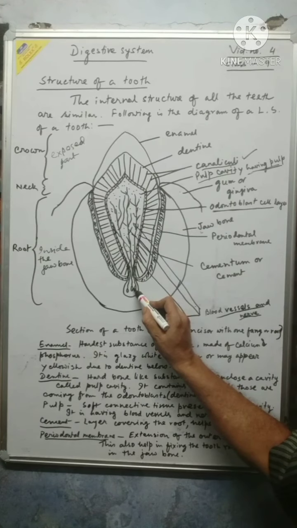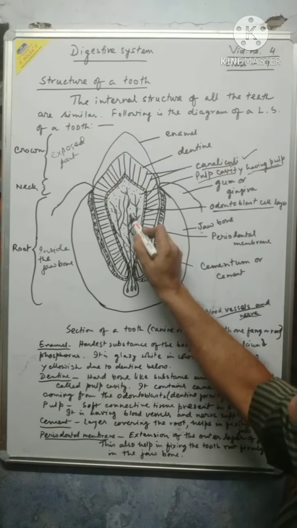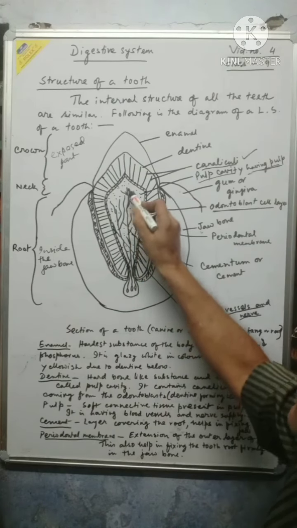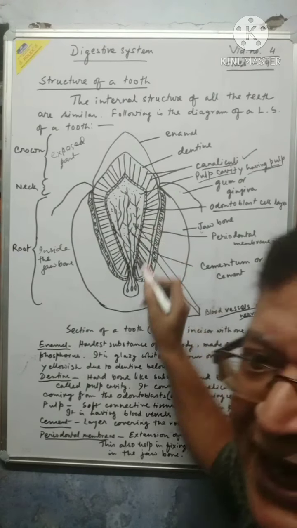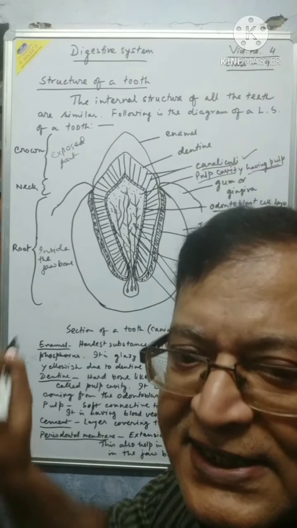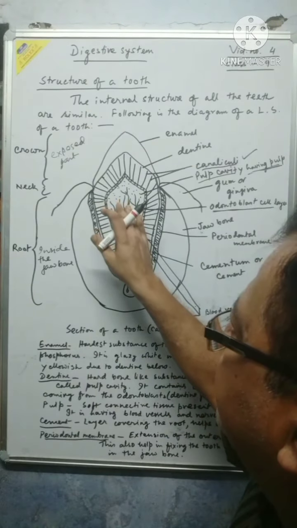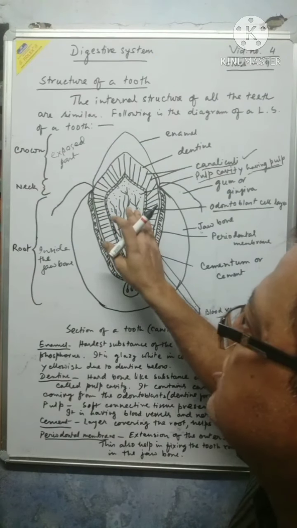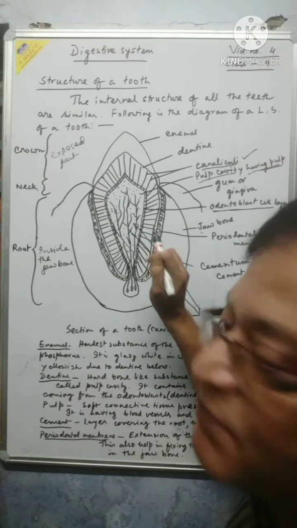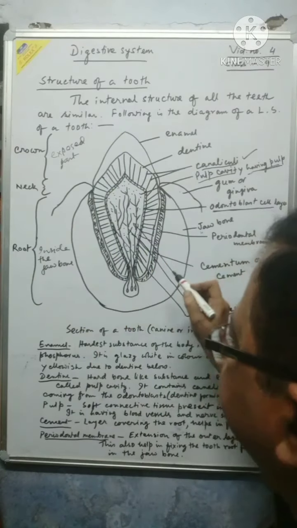From here the blood vessels branch off, forming capillaries, and the nerve cells are coming. Very fine details of that are not possible to show. Blood vessel and nerve supply going into the pulp cavity nourish the odontoblast cells and the dentine and keep the teeth healthy.